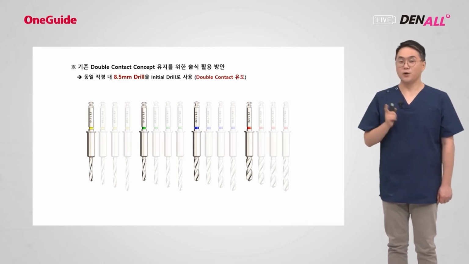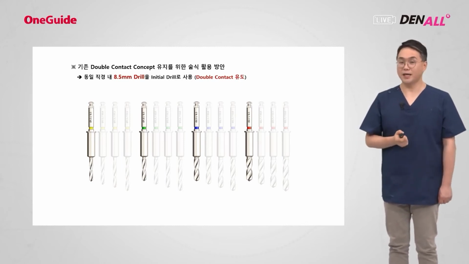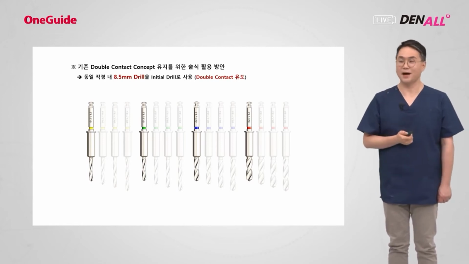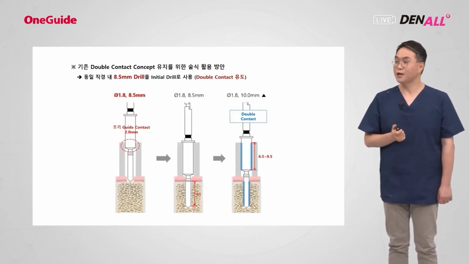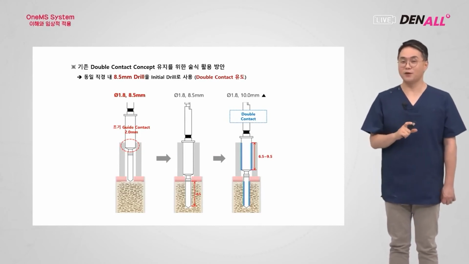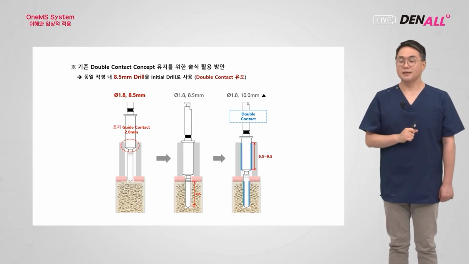But one thing you need to remember is that on the lower anterior part, a long implant is something you would place, an 11.5 or 13 millimeter implant. In placing even those implants, when using the OneMS drill, you have to start with the short drill.